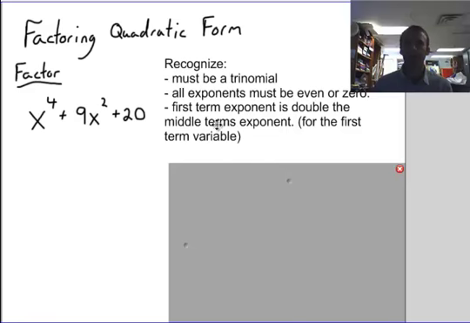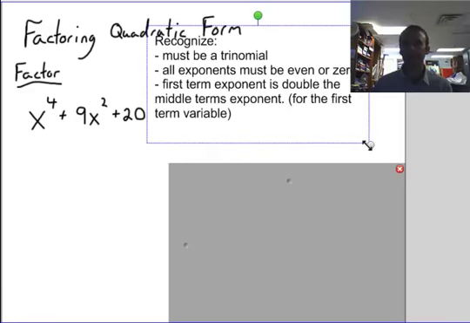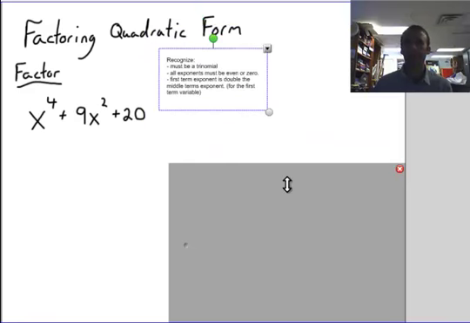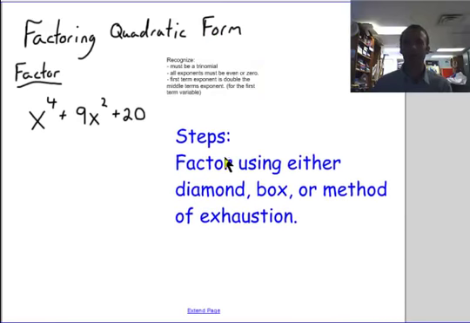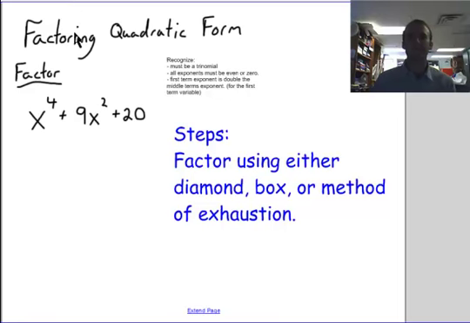Okay, so now let's look at our steps for this. Our steps are pretty easy. If we are going to factor this, then we can use any method that you've used for factoring up till now. But up till now you've only factored quadratics. So let's use the diamond method for this.